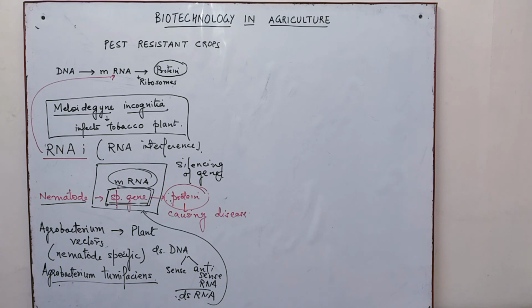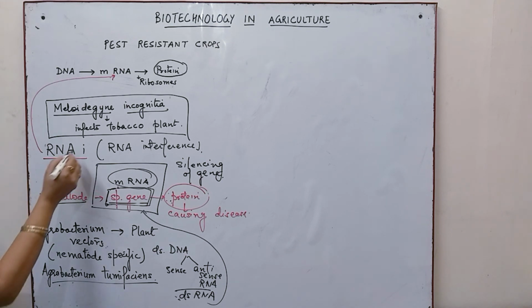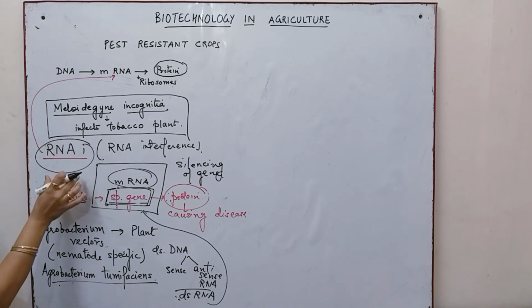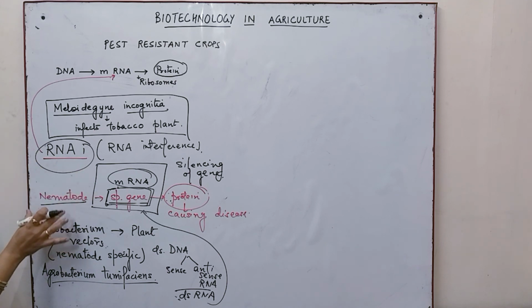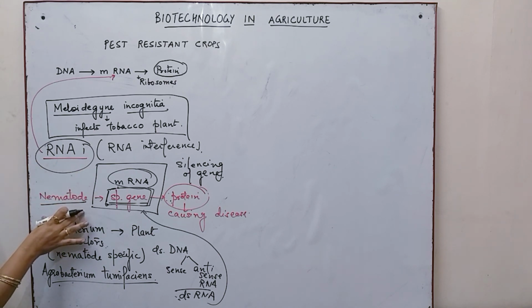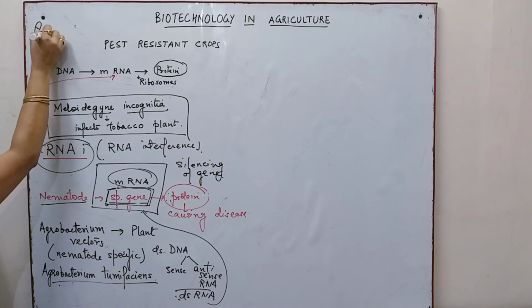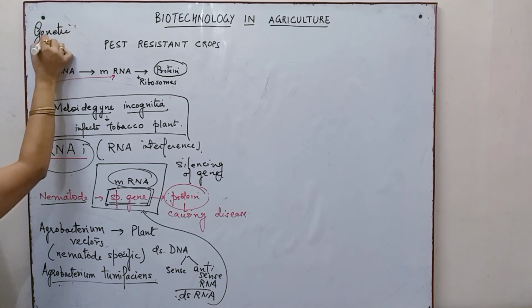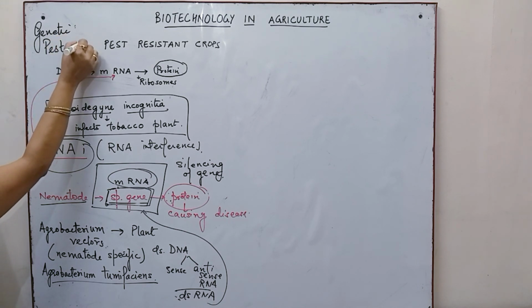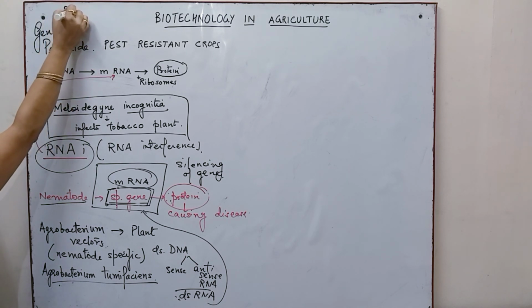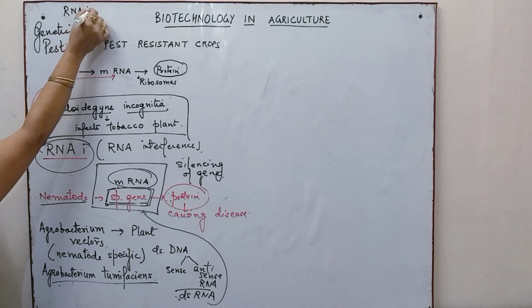Now this has come as a great advantage because here we are using RNAi to develop a defense mechanism against the specific nematode, and therefore we are calling it a genetic pesticide. RNAi is therefore a genetic pesticide.